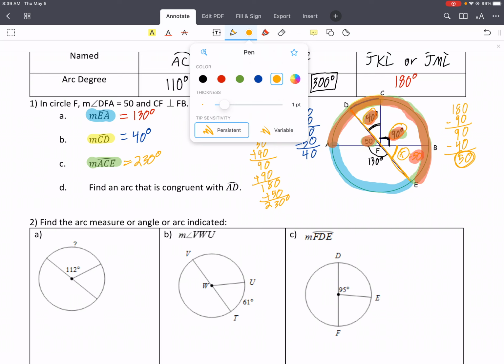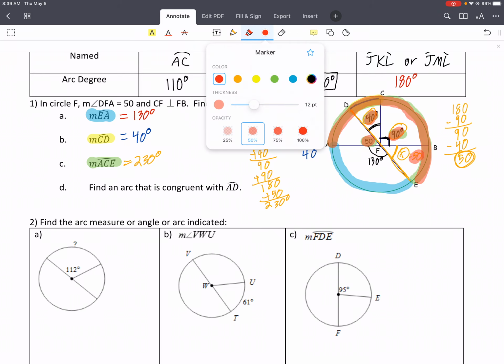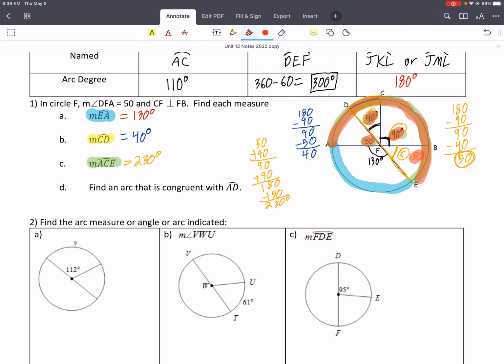Lastly, we have to find an arc that is congruent to DE. So again, let me clean this up a little bit. AD, sorry. So AD was 50 degrees. What other arc is 50 degrees?